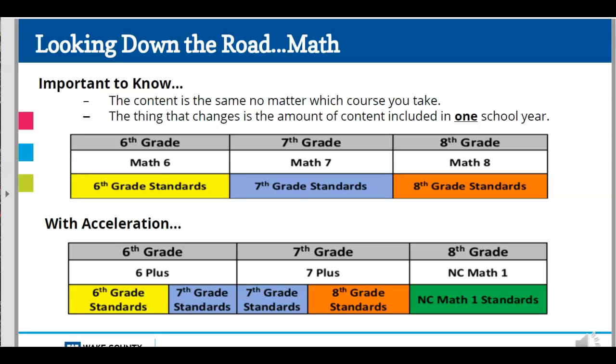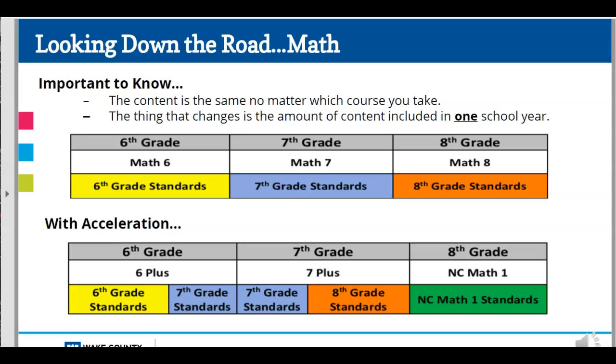So if we look at 6th grade math, it is just 6th grade standards. If we look at 7th grade math, it is 7th grade standards, and so on for 8th grade. With acceleration, it's different. 6th grade, it can also be 6 plus, which is all of 6th grade standards and half of 7th grade standards.